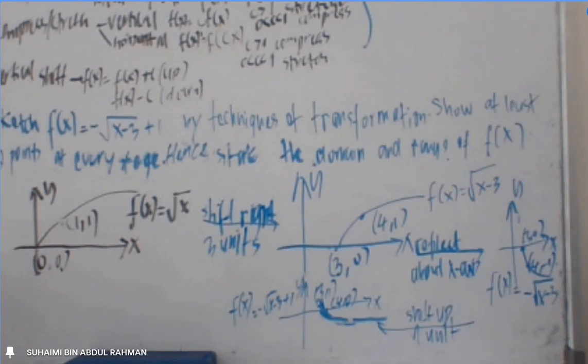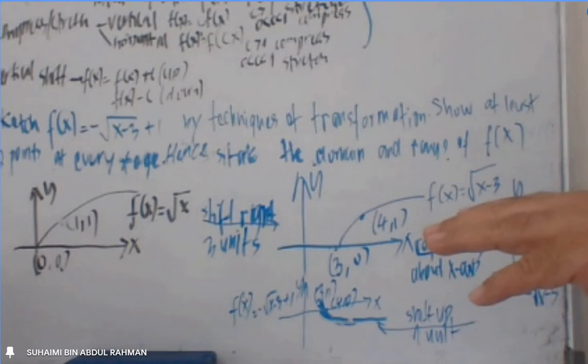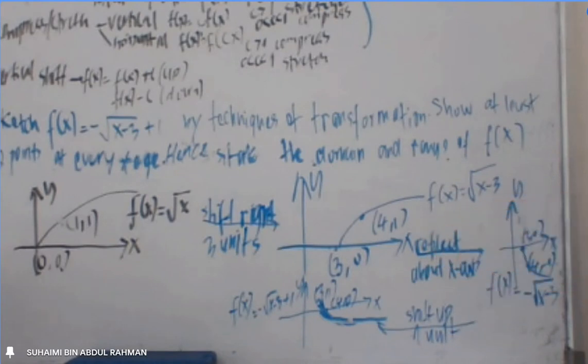Range. Negative infinity to 0? Why negative infinity until 0? Not stop at 0.